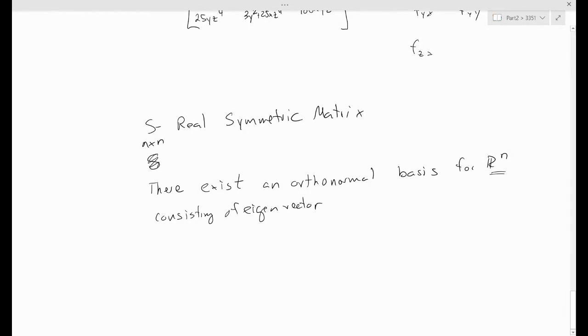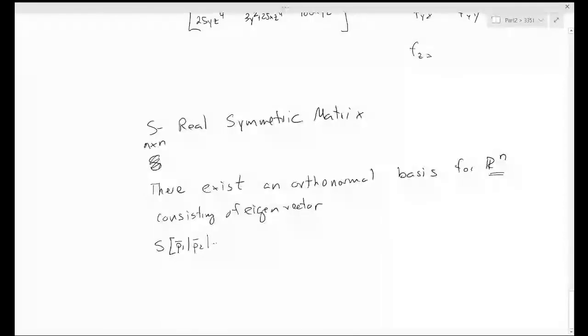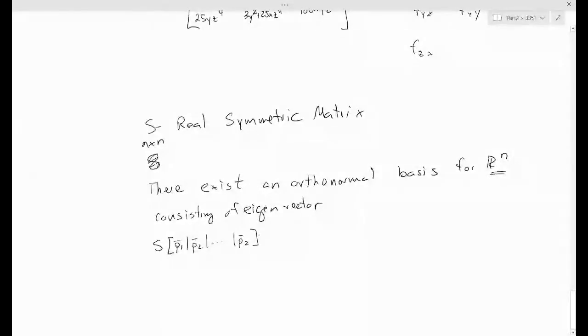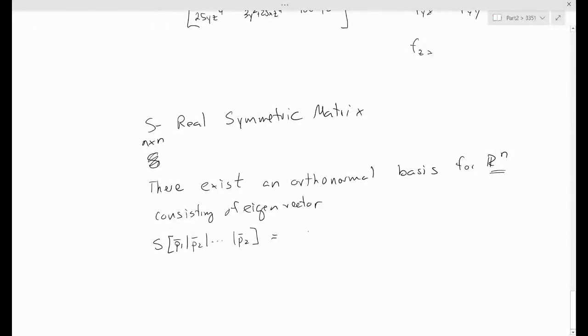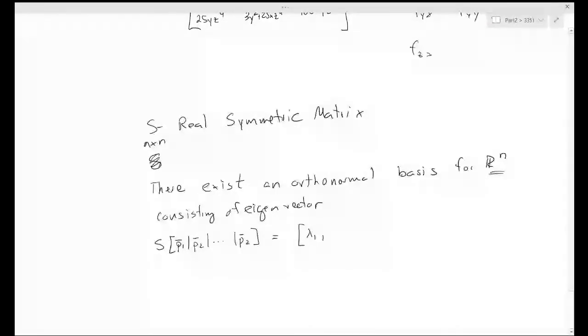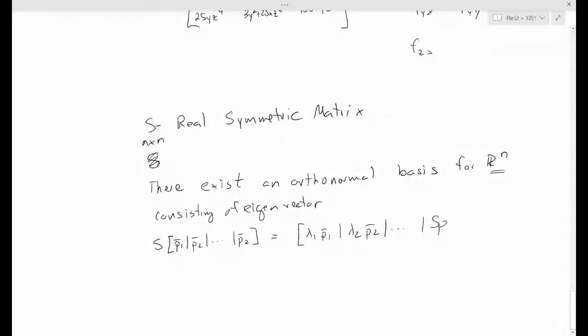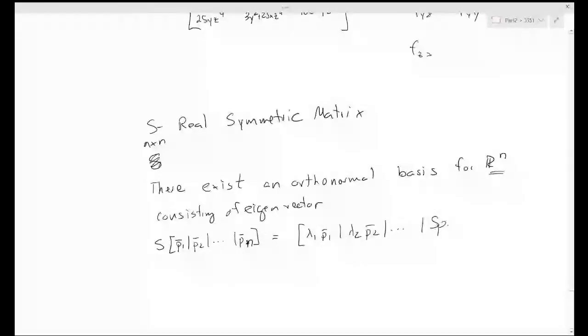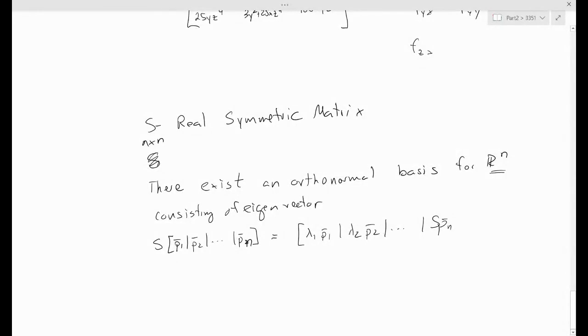In which case, if you have your eigenvectors, let's say P1 through Pn that are orthonormal, then S times P1 would give you the first eigenvalue times P1 and so on, and S times Pn would give you the nth eigenvalue.